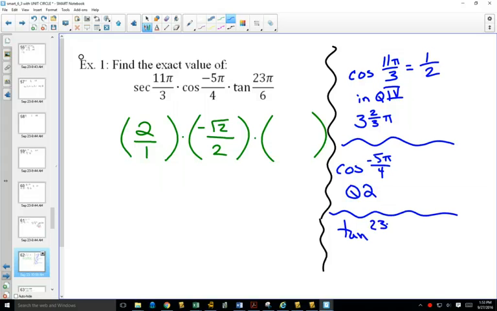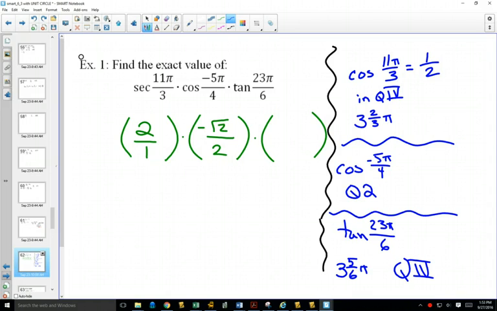And tan of 23 pi over 6. Well, 23 pi over 6 is 3 and 5/6 pi. So what quadrant will that be in? Quadrant 4.